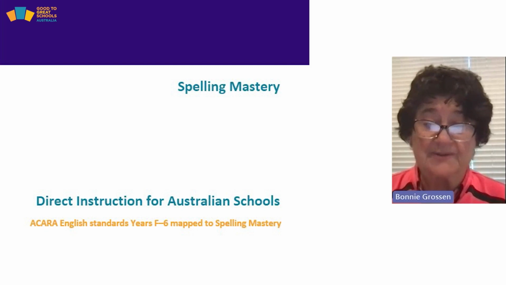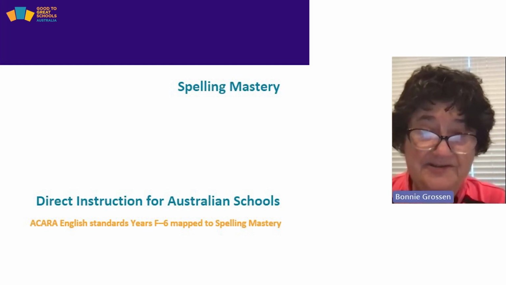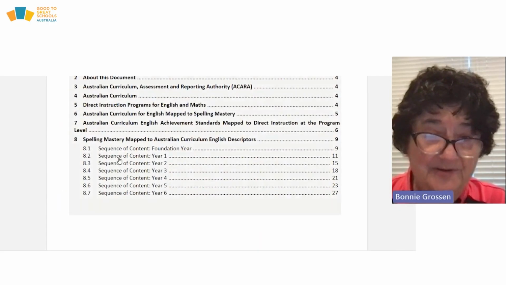The alignment for spelling mastery, which has A through F, is mapped to the ACARA standards, absolutely parallel to how the math works.